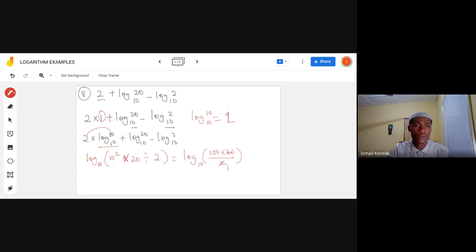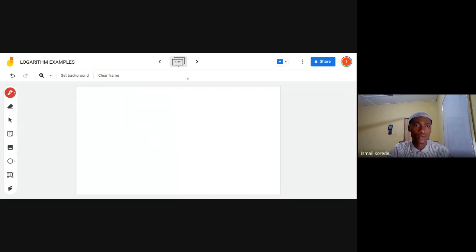So 2 here 1, 20 over 2 is 10. So I have log 1000 to base 10. So I can express 1000 as 10 raised to the power 3, base 10. So I can move 3 to this side. So I have 3 log 10 base 10. And log 10 base 10 is 1. So we can just do 3 times 1, which is 3. So that's about that.